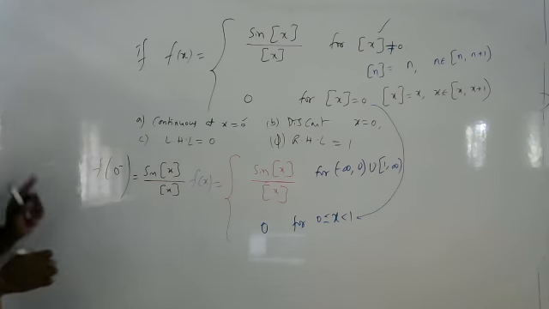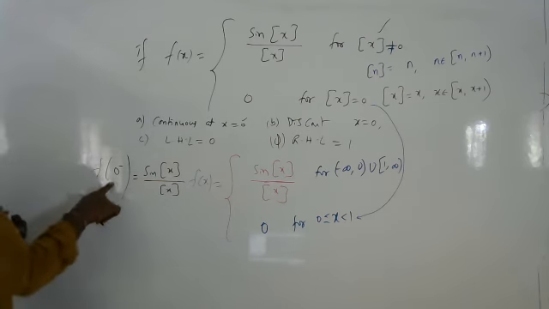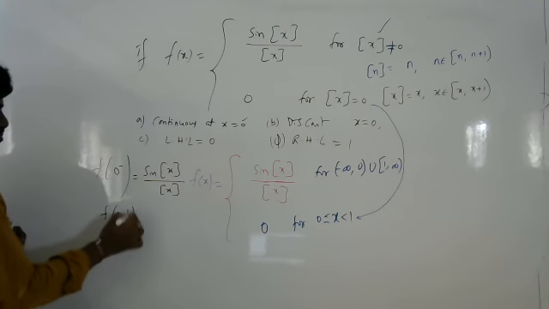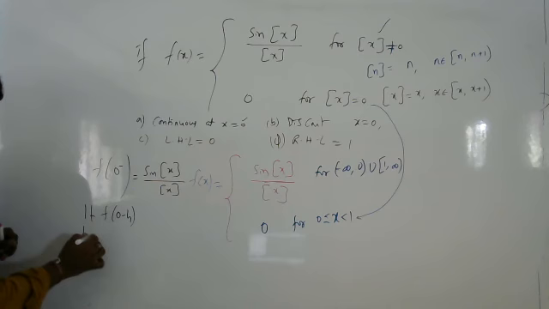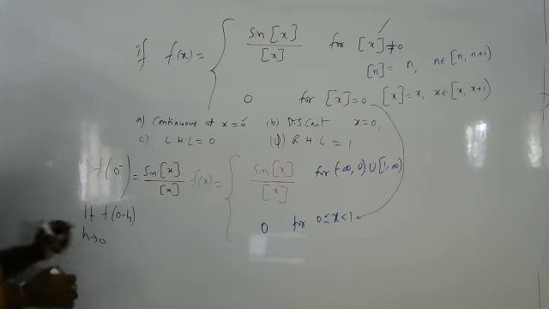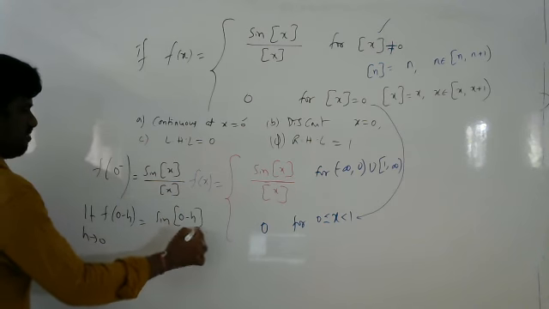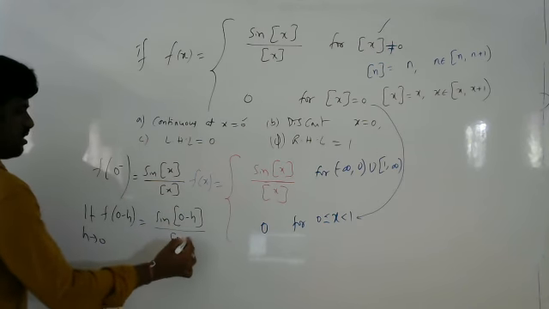Let's check for 0 minus. We know 0 minus means left hand limit, that is f of 0 minus h, with limit h tending to 0. If I apply this, I get sine of greatest integer of 0 minus h divided by greatest integer of 0 minus h.